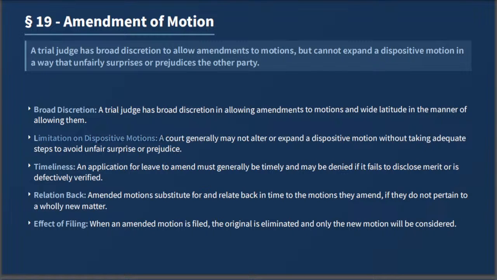Limitation on dispositive motions: a court generally may not alter or expand a dispositive motion without taking adequate steps to avoid unfair surprise or prejudice. So no surprises there.